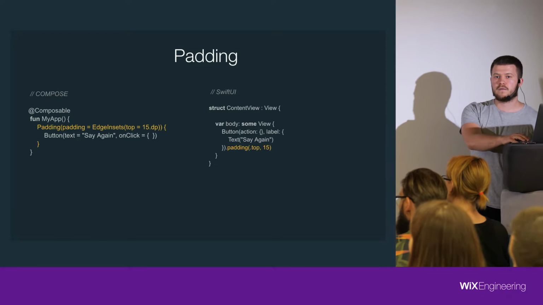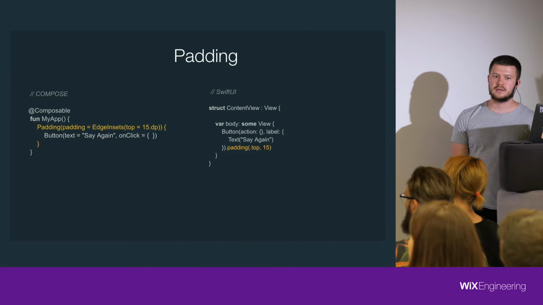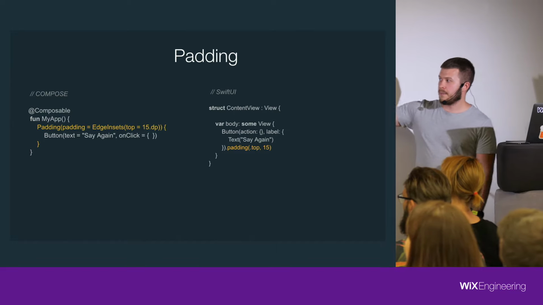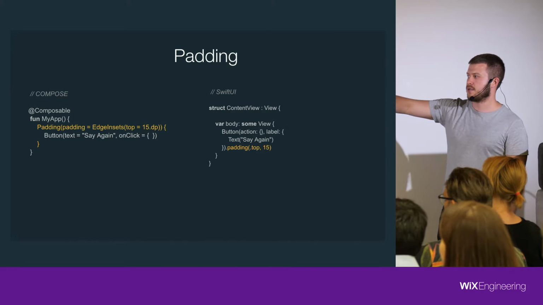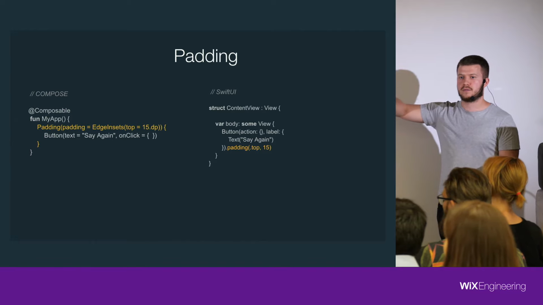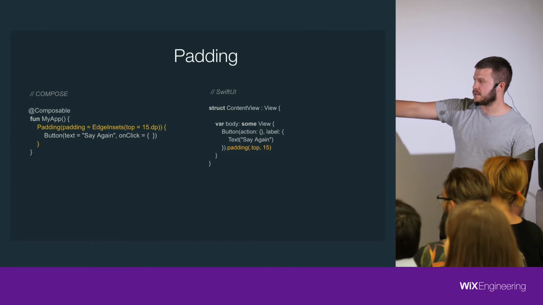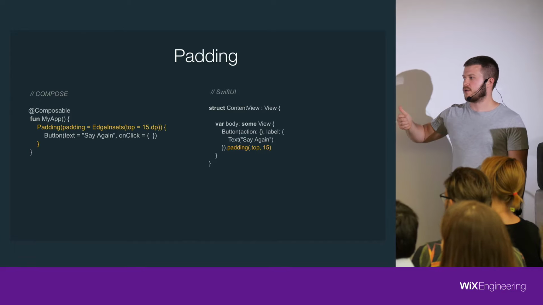So let's see how to add padding. In Compose, on the left side, you wrap your button, as we have, Say Again, with a padding widget. In SwiftUI, as we see, we use a modifier on a widget.